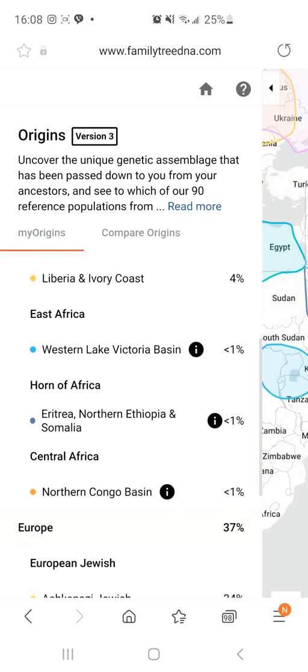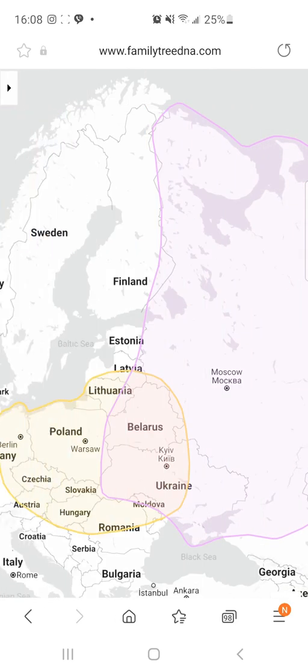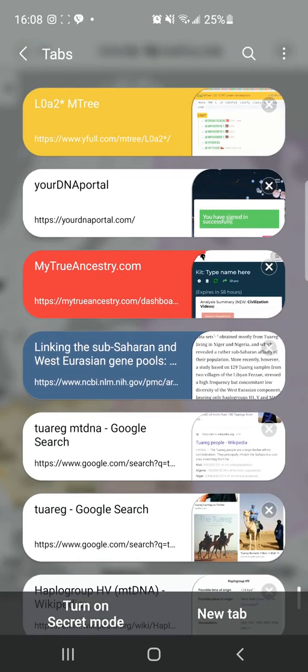I've got to show that I have North African also there in Egypt, and remember, it's all connected together. So all of this has to do with my L0a2 DNA, mtDNA.